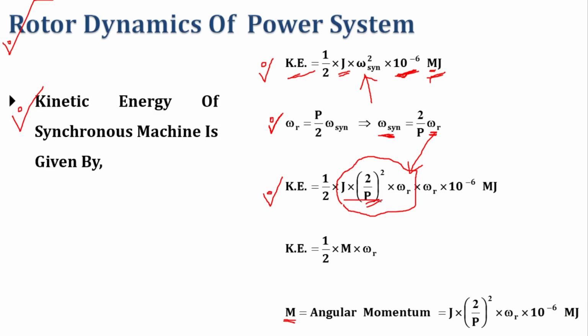This is the angular momentum of the synchronous machine. So our kinetic energy is defined as KE is equal to 1/2 M omega r, because 1/2 stays as it is and J (2 by P) whole square into omega r into 10 raised to minus 6 megajoule is equal to M. So kinetic energy is given by 1/2 M omega r.